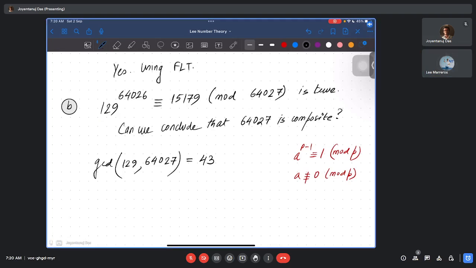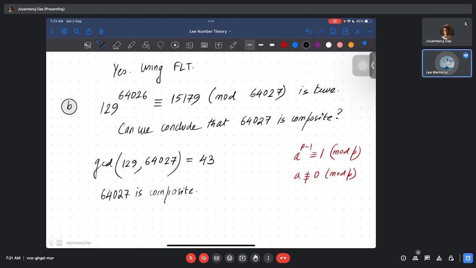That is an extra condition you are getting: the GCD between 129 and 64027 is 43, so they are not coprime. But still, we can conclude that this is composite. That is not a problem. Just one observation we have.